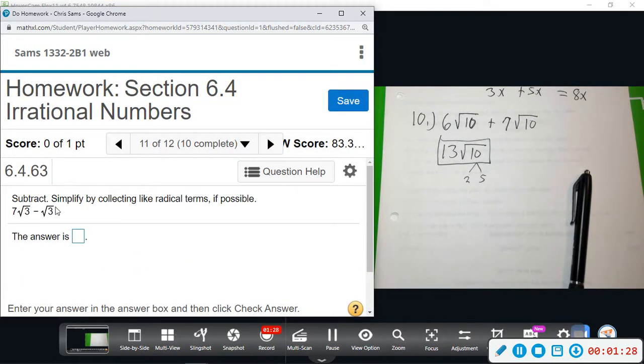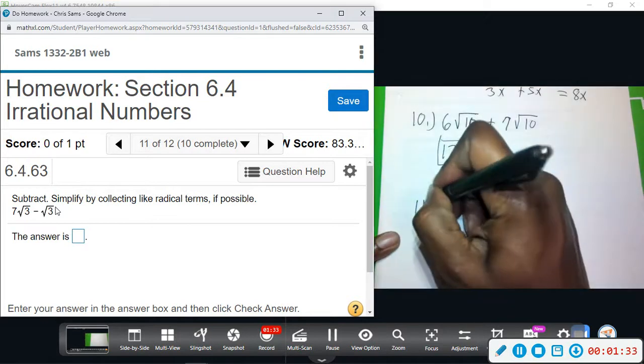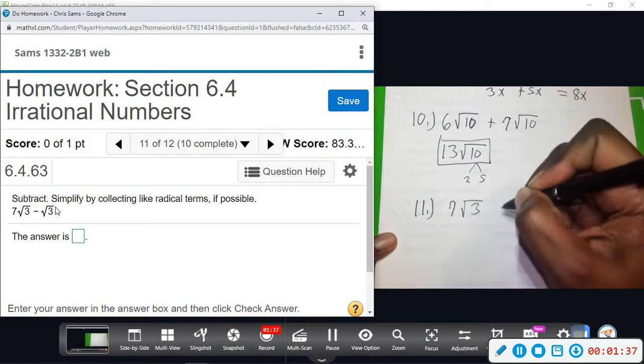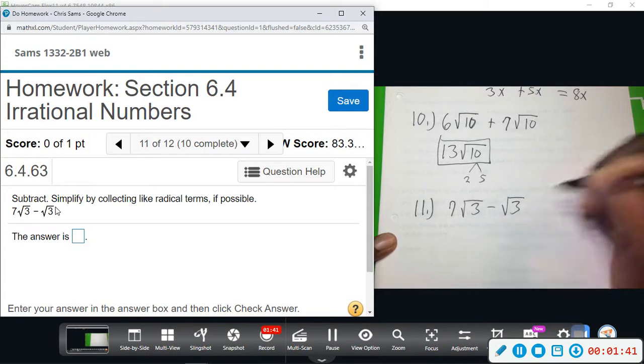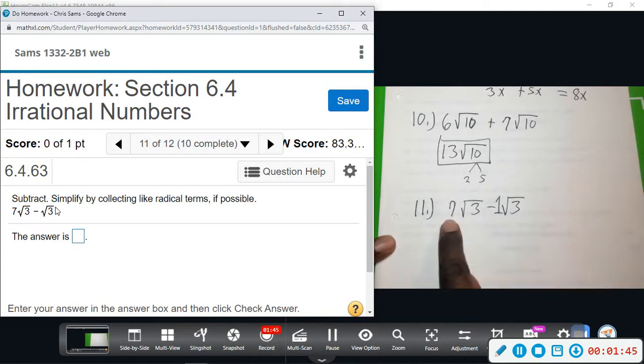Alright, so here we want to simplify this one as well. We have 7 square roots of 3 minus square root of 3. You need to understand that this is 1, understood to be 1 square root of 3, so 7 minus 1. You're not getting rid of the square root of 3's, you're just getting rid of the numbers in front.